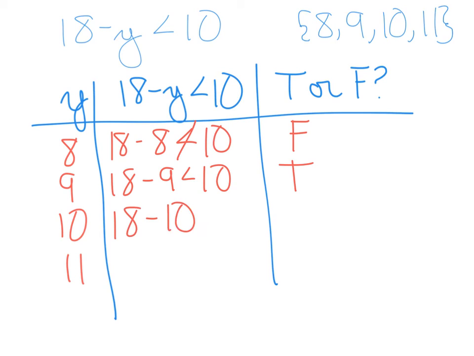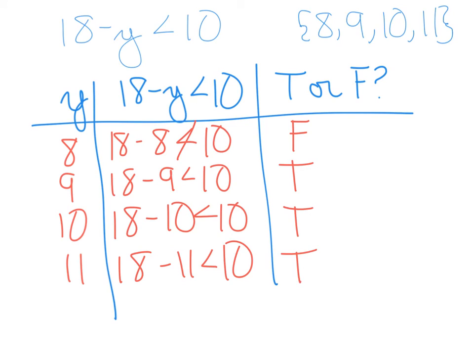Let's try 10. 18 minus 10 is less than 10. 18 minus 10 is 8. 8 is less than 10. True. Try 11. 18 minus 11 is less than 10. 18 minus 11 is 7. 7 is less than 10. Also true.